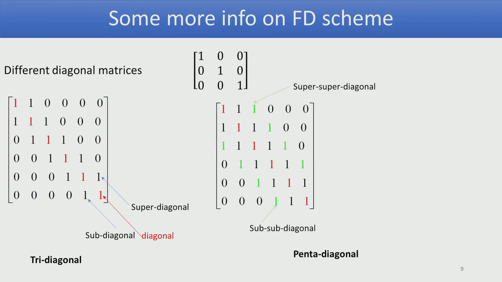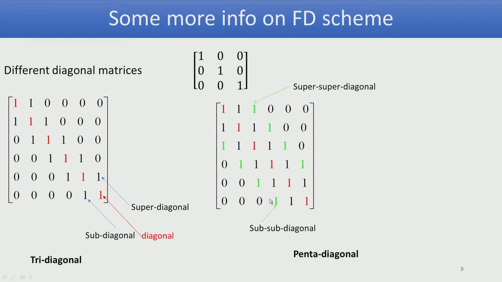Then we will see the pentadiagonal matrix. This has the same structure as the tridiagonal matrix, that is, you have one main diagonal, immediately below is a subdiagonal, immediately above is a super diagonal. Then there is one more diagonal following the super diagonal, and you have values along that.